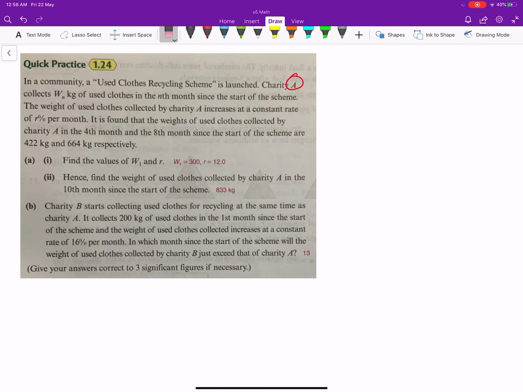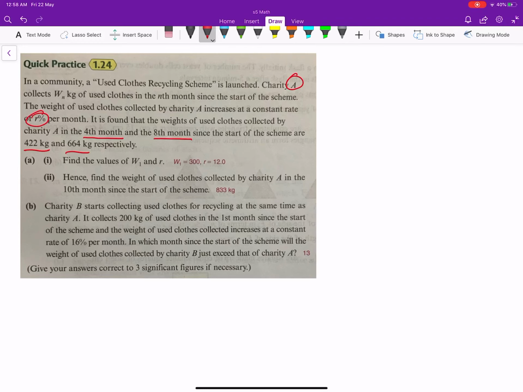Now in the nth month since the start of the scheme, the weight increases by R%. And it is found that the 4th month and the 8th month are these two.